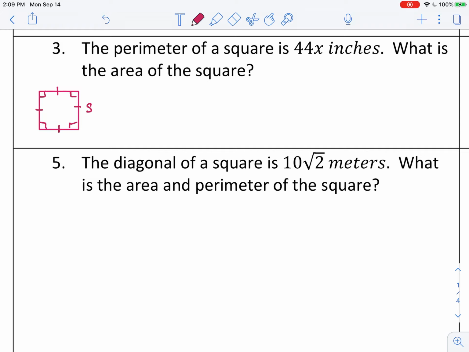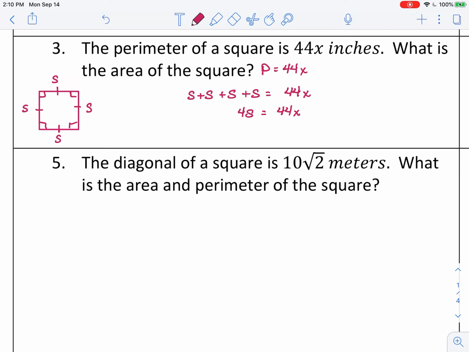So if I call this S, then this is S, then this is S, then this is S. It means that S plus S plus S plus S is 44x inches, because that's what perimeter is. Four of that exact same number gave me 44x.